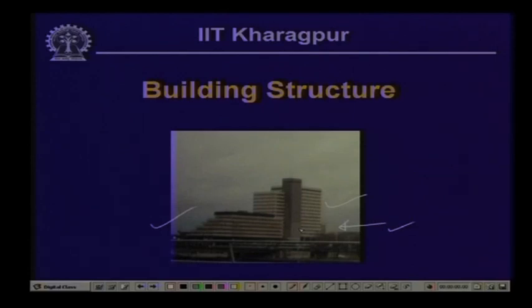Now, this particular structure is subjected to different kinds of loadings, and these loadings could be generated from environmental aspects, such as the effect of wind on the structure, or the structure may be subjected to earthquake forces.